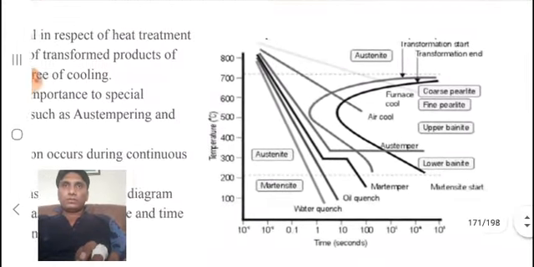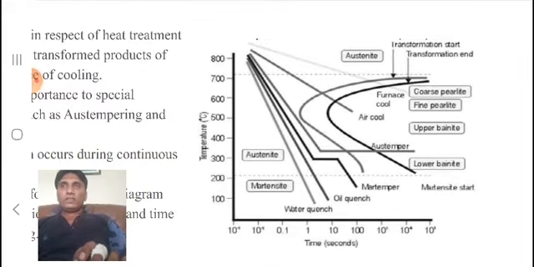So this diagram shows, in the previous diagram there is a horizontal line at the starting of the transformation of austenite, whereas in the continuous cooling transformation we can see the cooling line is continuously coming downwards, indicating that the transformation is taking place during the continuous cooling process.